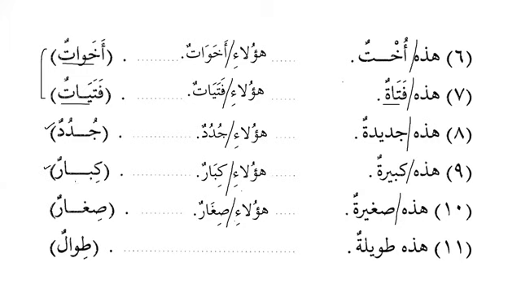And فعال, we have كبار, صغار, and طوال. So these three follow one pattern, which is فعال, and this one follows one pattern, which is فعل. So now we have to remember the patterns, which is very, very important. Then we have هذه طويلة. This is a tall lady, and we will say هؤلاء طوال. These are tall ladies, or these are tall.